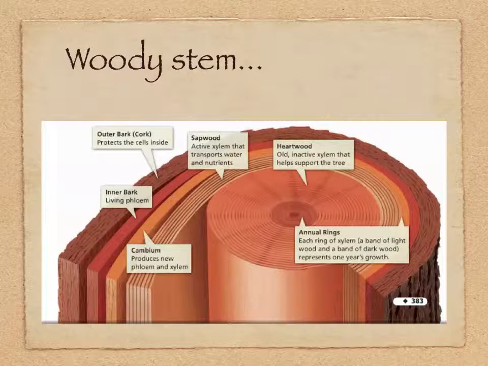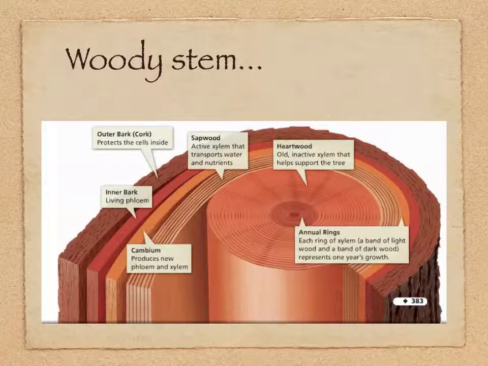Remember, the xylem carries water and nutrients up, and when it gets old, it gets clogged and hardened, and the xylem doesn't work anymore. It's only the outer ring of xylem that's working. The sapwood is the active xylem, right there, that transports water and nutrients up into the plant from the ground.